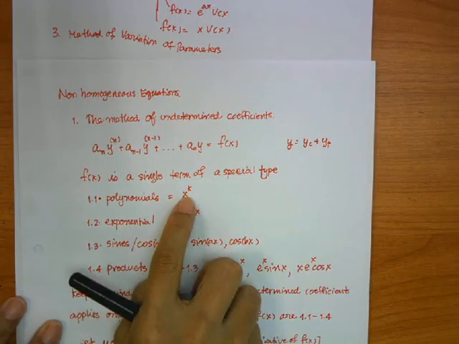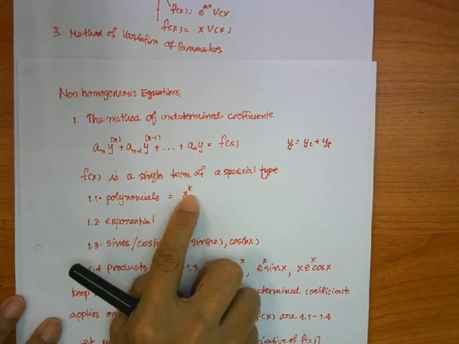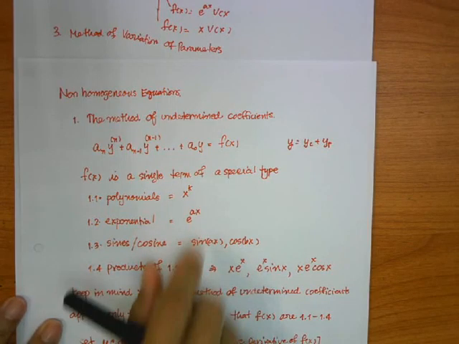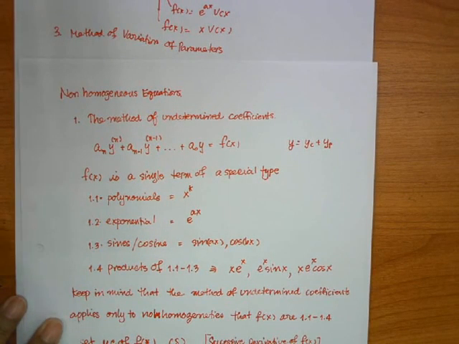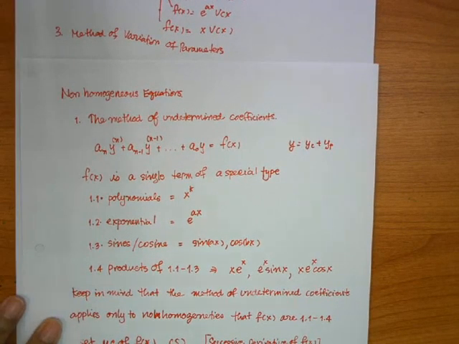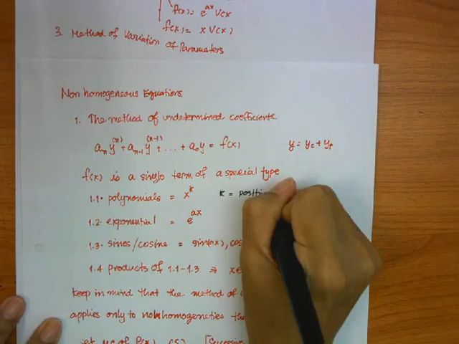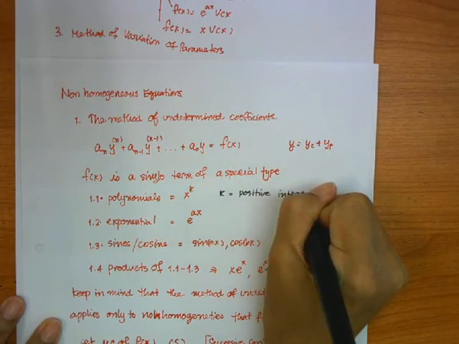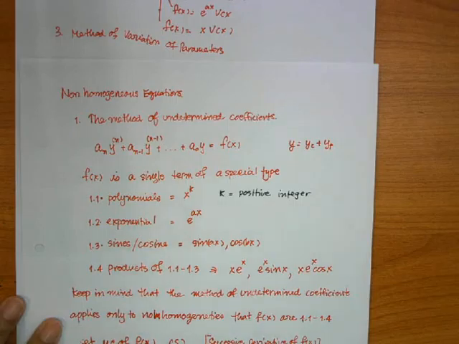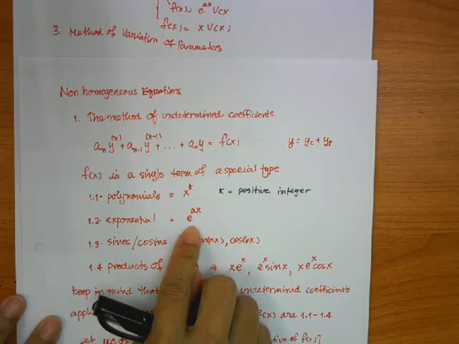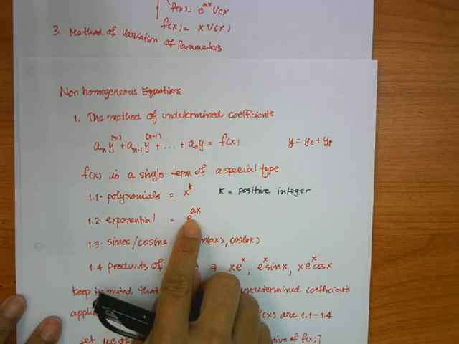Here k is also a constant, and k has to be a positive integer only. It cannot be negative. A could be any constant number, plus, minus, anything.